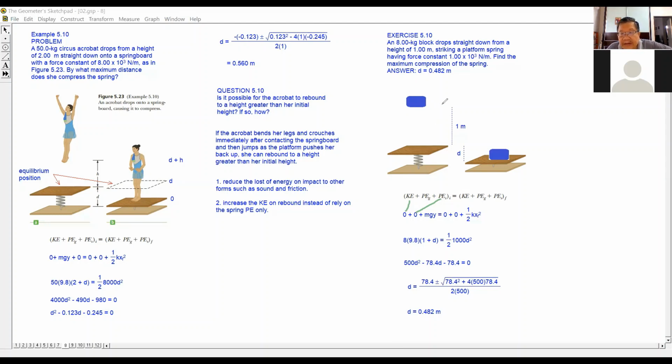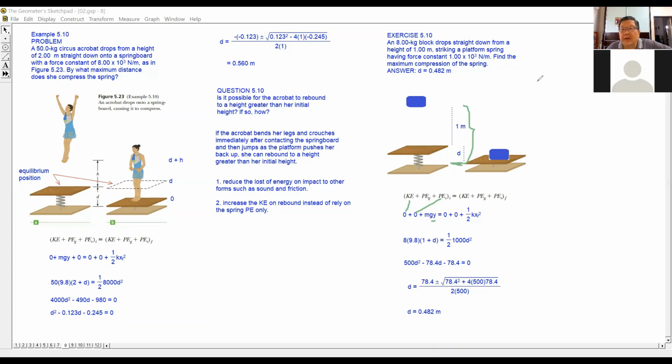At this height, it has a potential energy of both the 1 meter and also the compressed distance. So the total potential energy is mgy. It depends on the y here, on where the zero point is. The zero level is here.